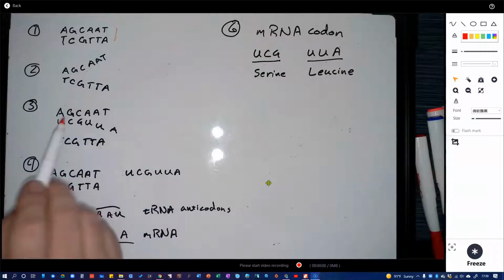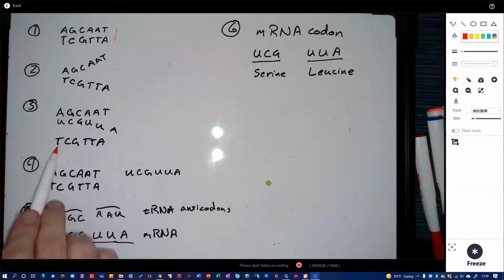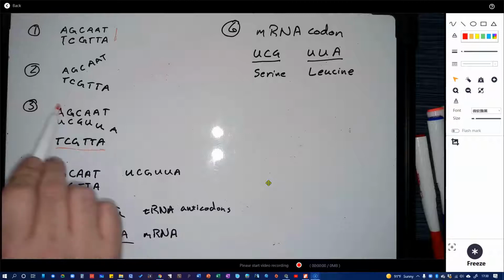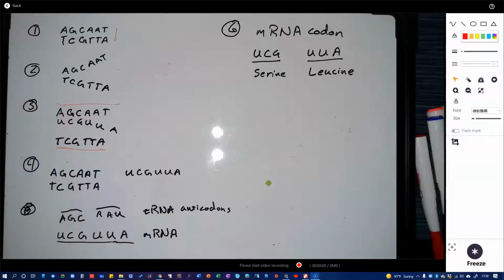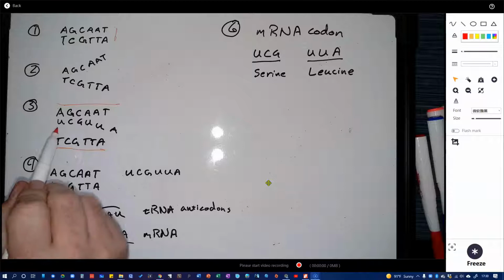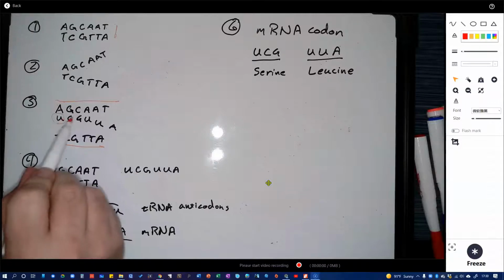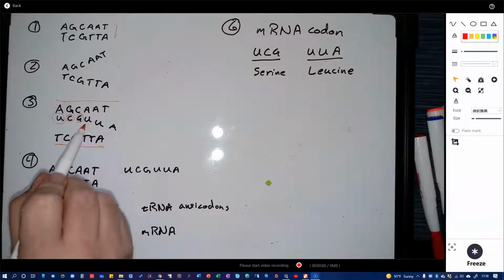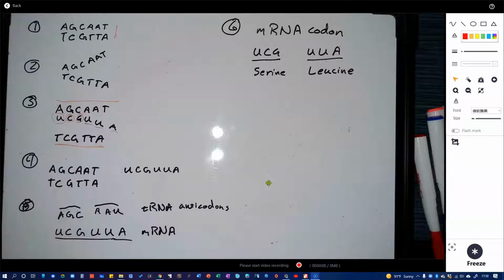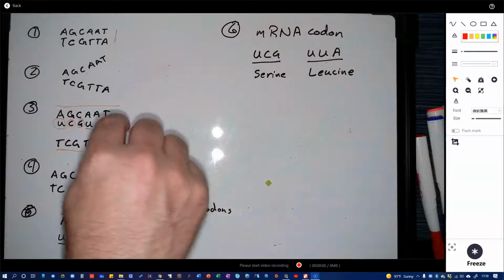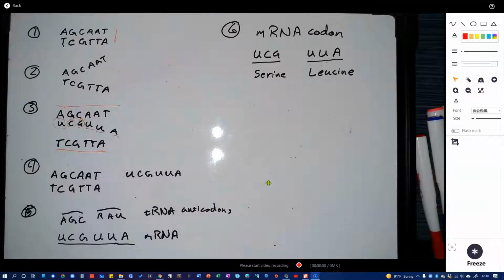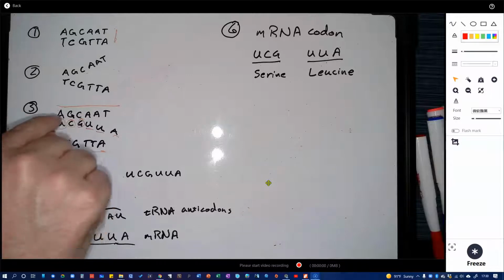After that, it wants you to draw the two separate halves of the DNA and show each individual mRNA base, the bases for the mRNA, coming in and attaching to the top half of the DNA strand there.